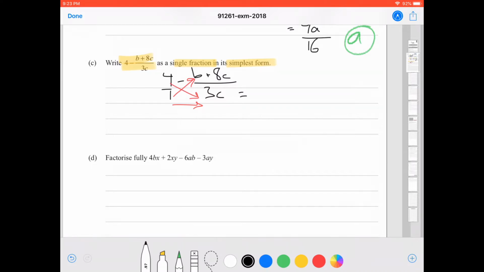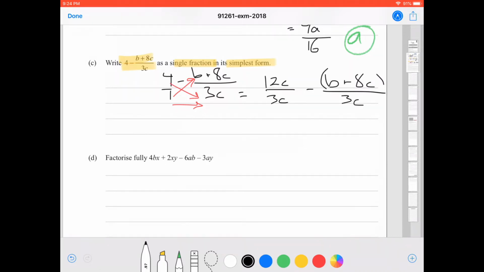So we've got 4 times 3c is 12c, and we could even keep it as single fractions just to show this process here. And so our denominator is going to be 1 times 3c, which is 3c, and this is minus 1 times b plus 8c, so just b plus 8c. Okay, and that's inside brackets, and its denominator is again 3c.